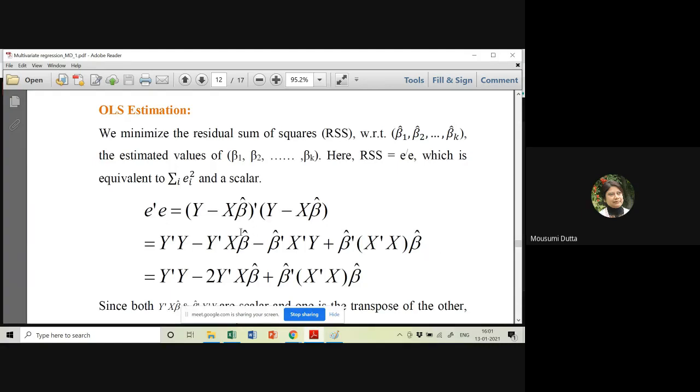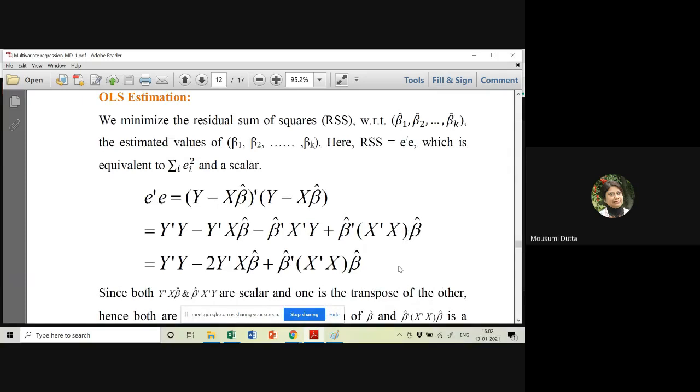So multiplying e transpose with e, we get all these four terms: y transpose y minus y transpose x beta hat minus beta hat transpose x transpose y plus beta hat transpose x transpose x beta hat. Please tell me whether the second line is fine with all of you. Is it okay?